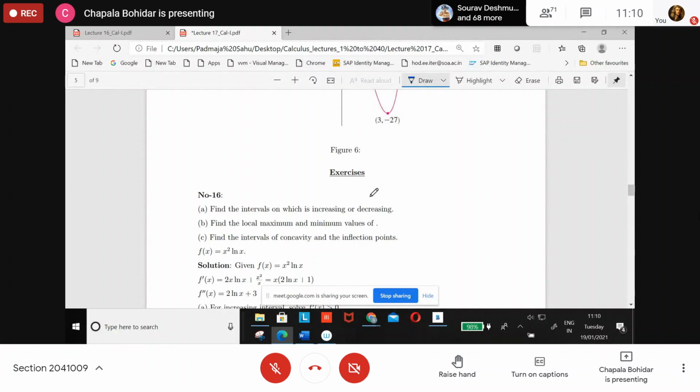Part B, find the local maximum and minimum value of f.